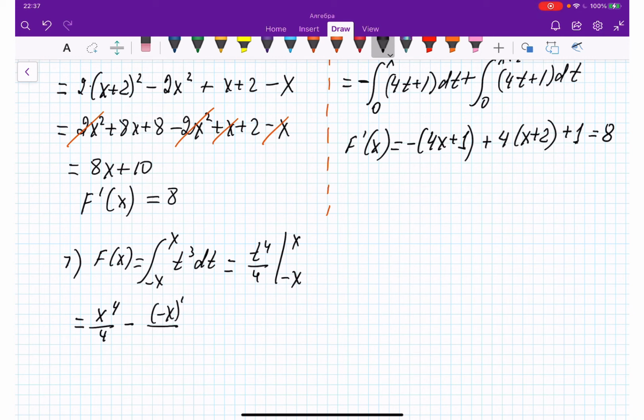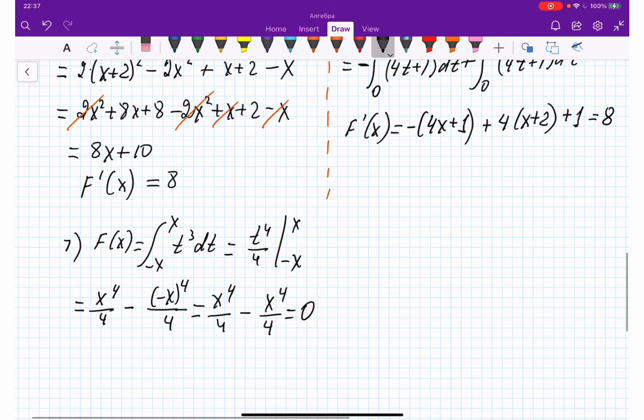Negative x to the power 4 over 4, which is equal to x to the power 4 over 4 minus, since negative x to an even power ends up positive, x to the power 4 over 4, right? And we are getting 0.